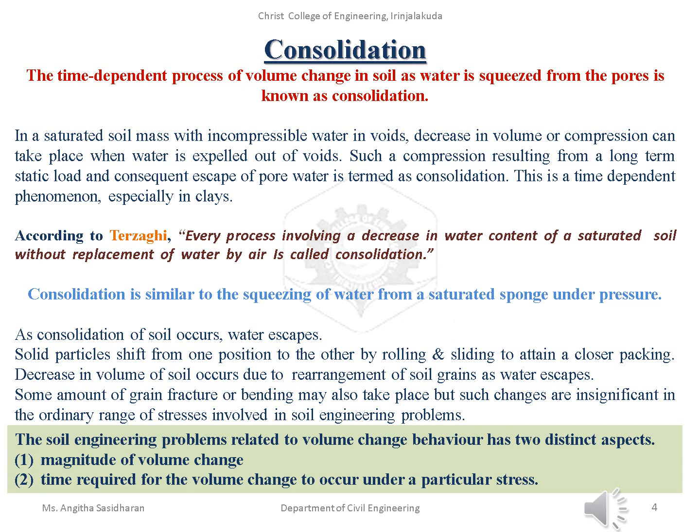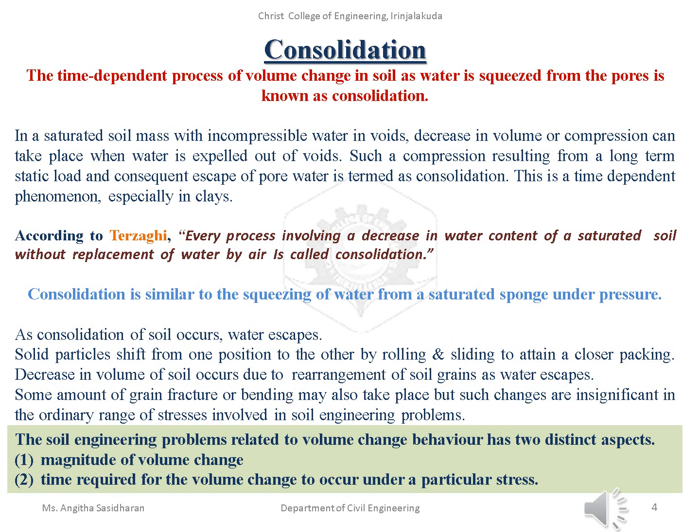If you squeeze a saturated sponge, water will come out, so that can also be related to consolidation. When consolidation is happening, water is escaping, and the solid particles will be rolling and sliding, moving from one position to another to have a closer packing. So there will be a decrease in volume of soil due to this rearrangement of soil particles.